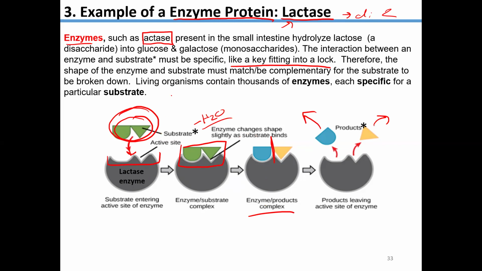So if we had a substrate that looked like this, a block, it would not be able to fit, because the substrate is very specific to the activation site, and the activation site is very specific to the substrate. So it won't just take any type of substrate. It needs to be that specific substrate in order for that enzyme to work.